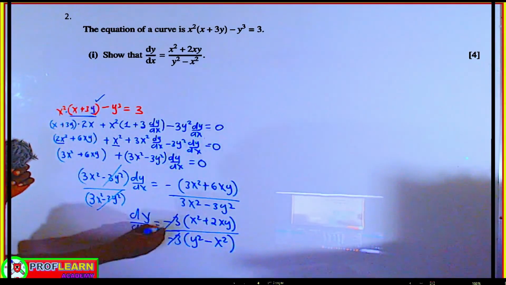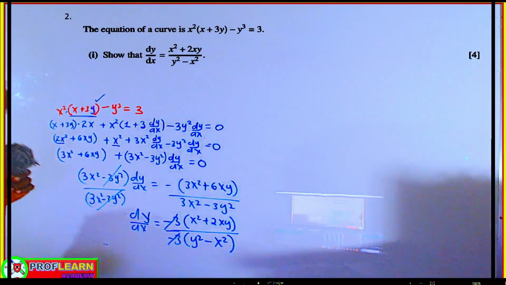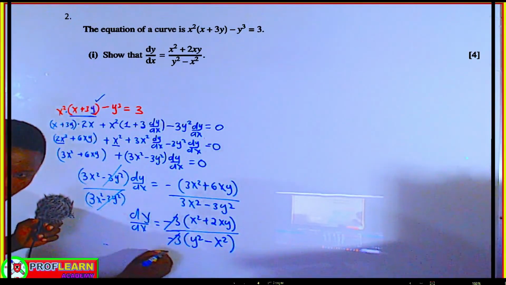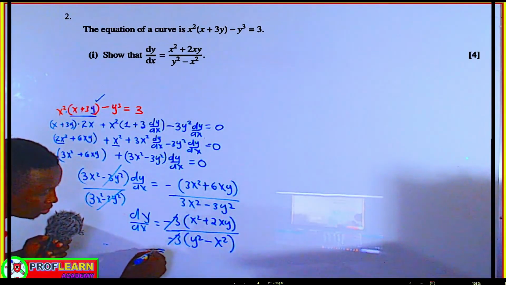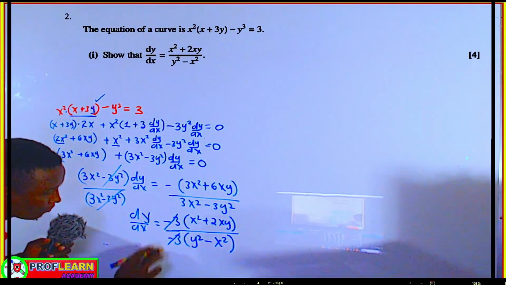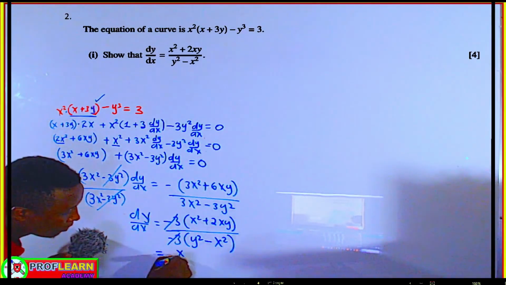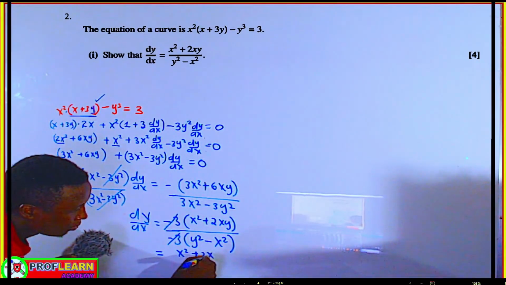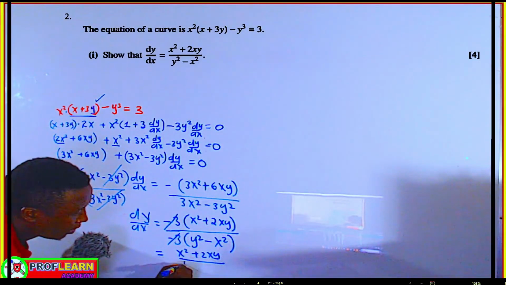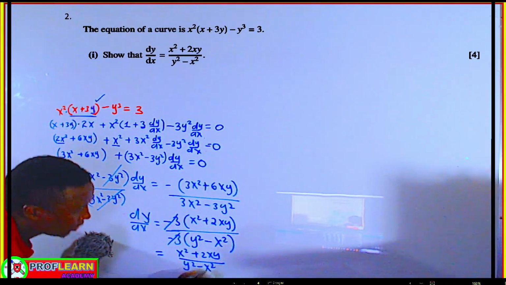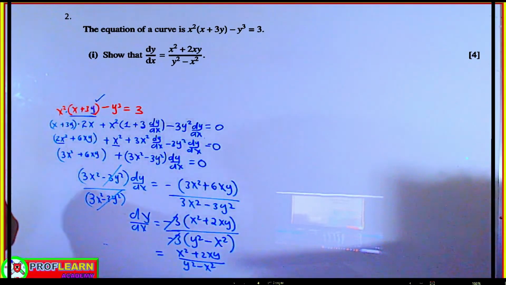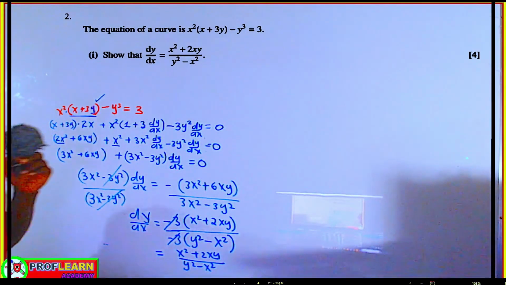So this one and this one is going to cancel, and finally our expression remains to be the way we are told to give it. We are supposed to have our expression equal to x squared plus 2xy over y squared minus x squared. Hence we have shown what we were supposed to show in that case.